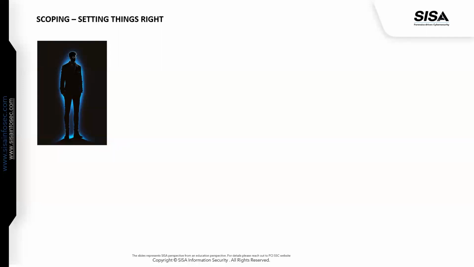What you see on your screen is, if you think of this person who is standing as my system, or my application or network, which is processing the cardholder data, you also see some blue line around the same person.